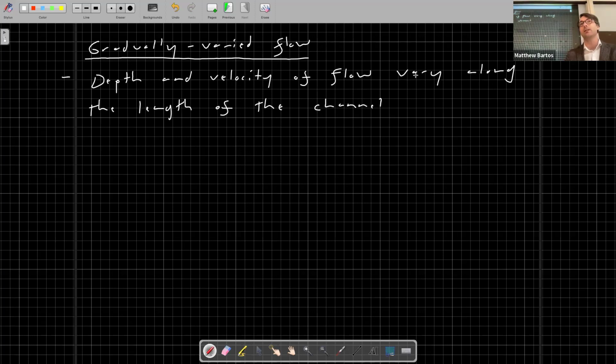But unlike the case of a hydraulic jump or a transition over a weir, the variance of the depth and velocity over the length of the channel is much more gradual. So in general, the slope of the water surface, dH/dx, will be much less than 1.